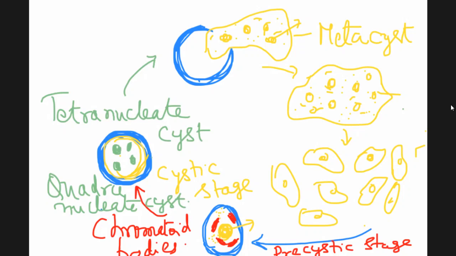This is how it completes its life cycle. These daughters go to the large intestine wall, damage the wall and grow into trophozoites. Again, the same life cycle continues. This is how it spreads from one person to another through contaminated food and water.